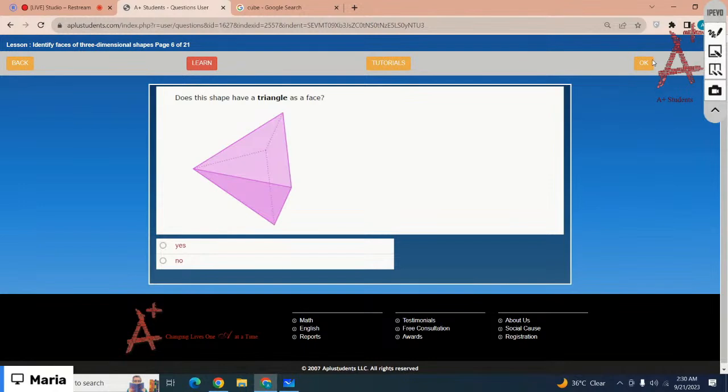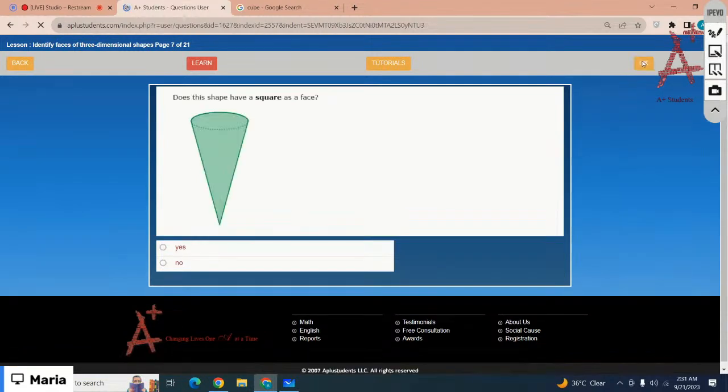Does this shape have a triangle as a face? The correct option is yes, it has a triangle as a face, right? The correct option is yes. Does this shape have a square as a face?